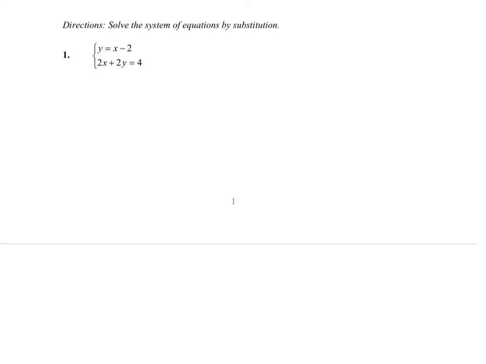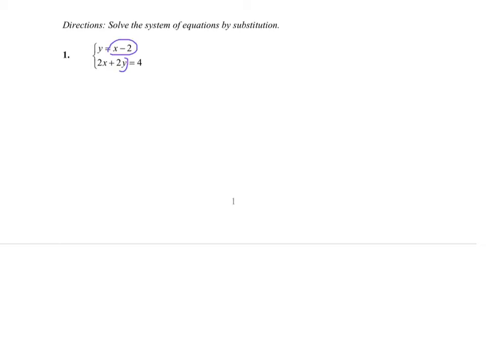In the directions it states, solve the system of equations by substitution. You have y equals x minus 2, and then we have 2x plus 2y equals 4. We know here that y equals x minus 2, so what you're going to do is replace your y value with x minus 2.